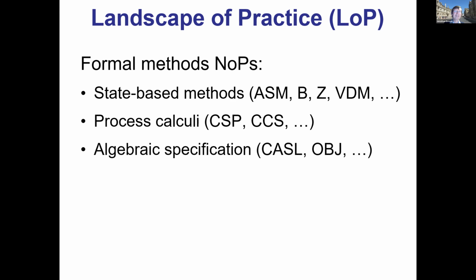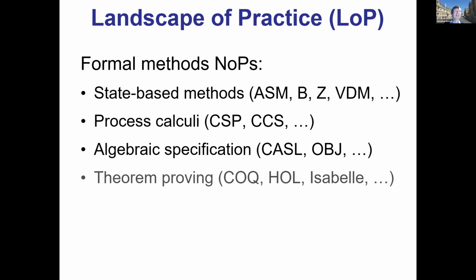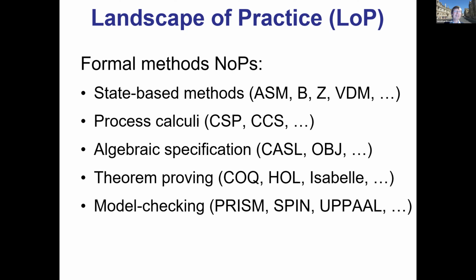Algebraic specification, again, a common approach, but different ways to do it with OBJ and so on. Theorem proving, lots of different theorem provers, all of which can learn from each other. Model checking, which is a very active area now, and is probably one of the major areas for formal methods to be developing at the moment. But again, lots of different model checkers, each of which has their own communities around them. There's probably others, but I've listed the ones that I know about especially.